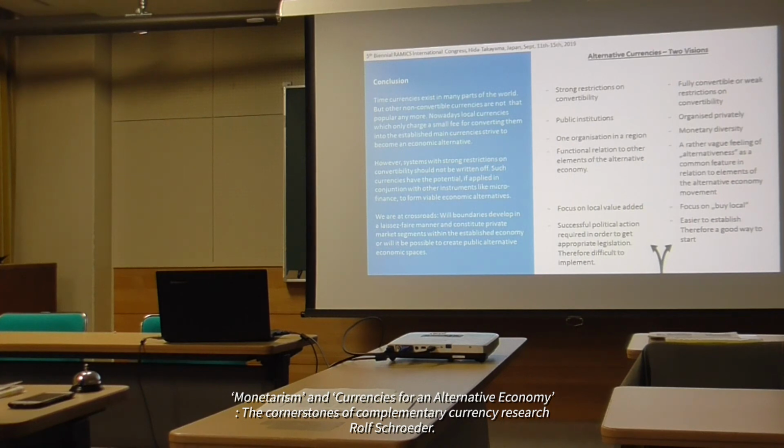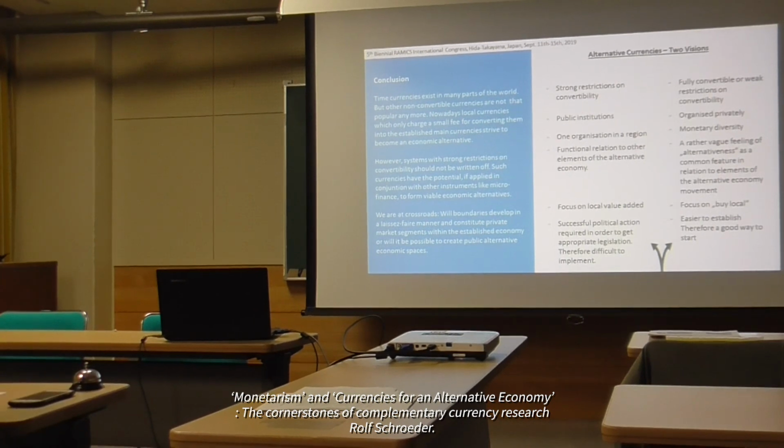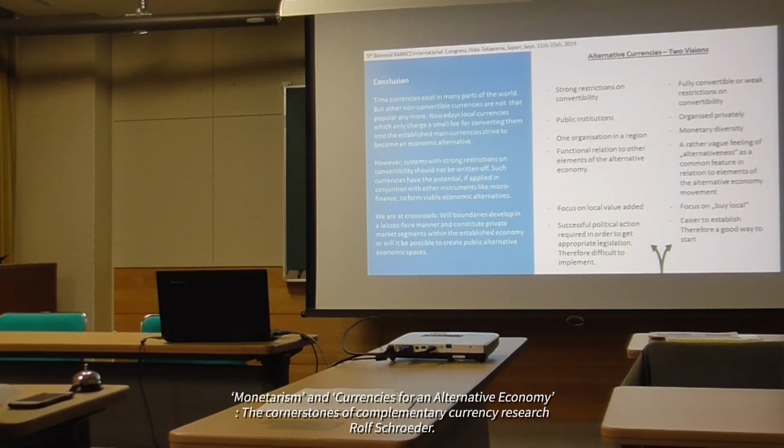I think the complementary system can have more emphasis, because both of your scenarios are basically based on the current currency, right? One is public, compatible with the national currency, and the other, if we have weak restrictions on compatibility, is organized privately.